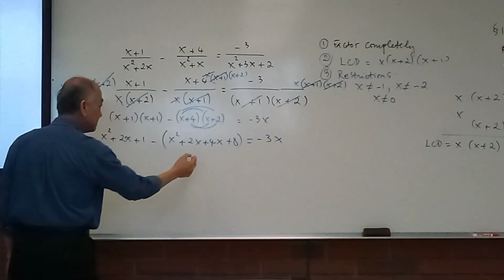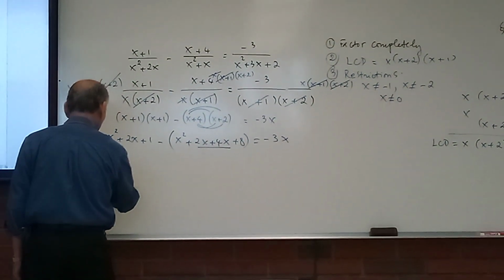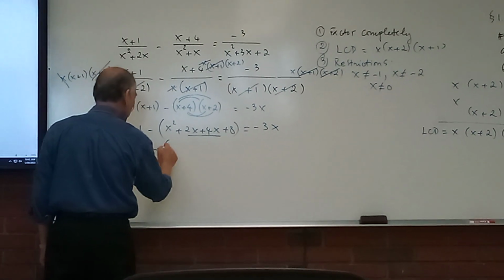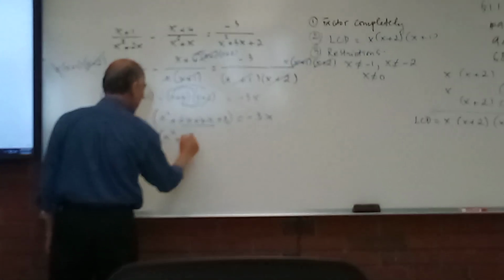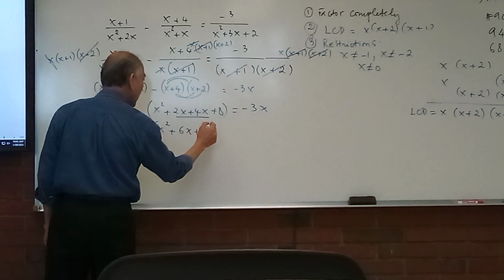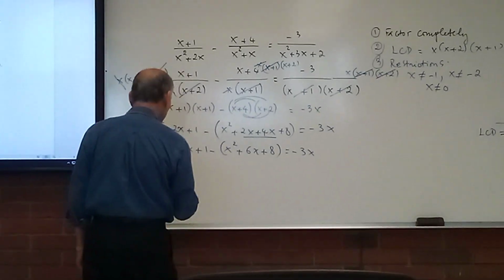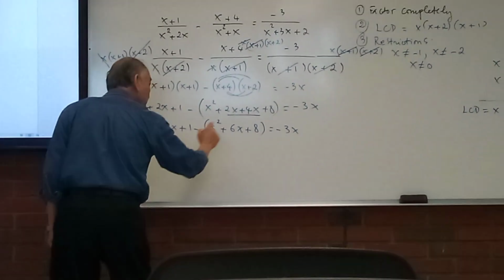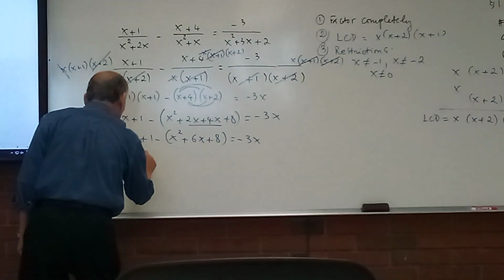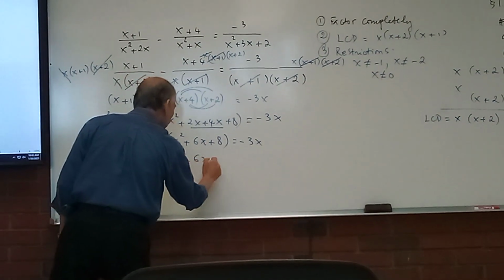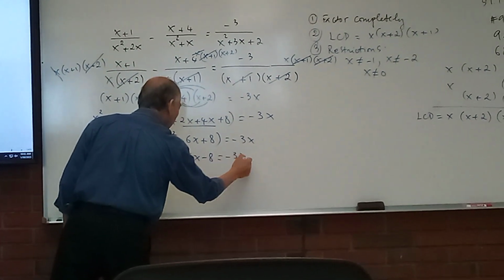Combine like terms. Minus x squared plus 6x plus 8 equal to minus 3x. And I don't have enough room, so I'll move to the next line. Minus x squared minus 6x minus 8 equal to negative 3x.